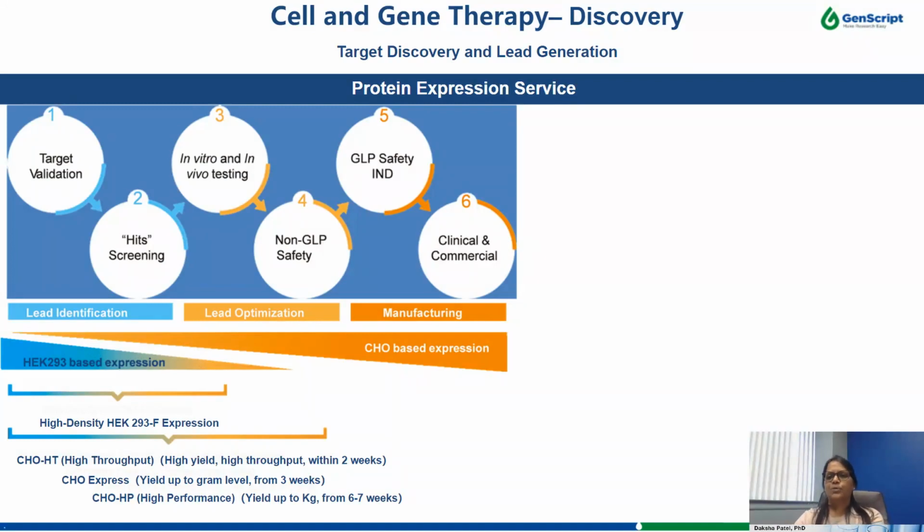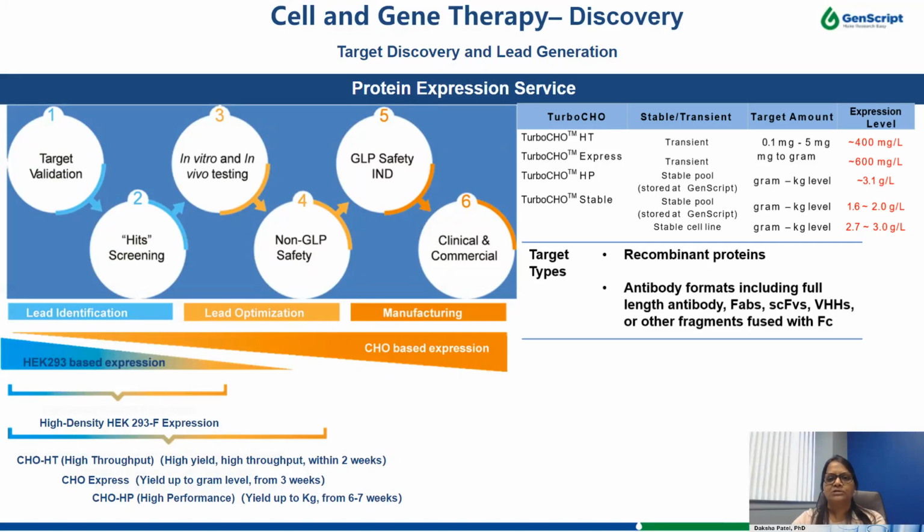Expressing the recombinant antibody in mammalian cells is essential when post-translational modification and proper folding are required for downstream application. And to support the protein expression service, GenScript launched the TurboCHO platform, offering higher yield performance within a shorter period, and thus cost-effective production is possible using this TurboCHO platform.